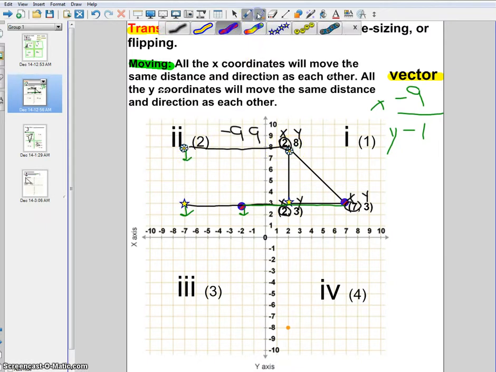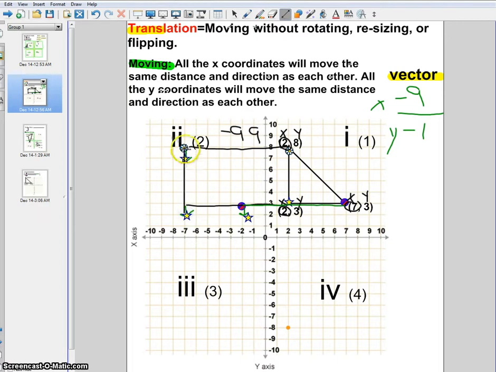Watch. We'll finalize the translation here. 1, 2, 3. I'll erase this so you can see it a little bit better. And now I've translated my figure. Should have closed that a little bit better. Alright, those are translations for you.